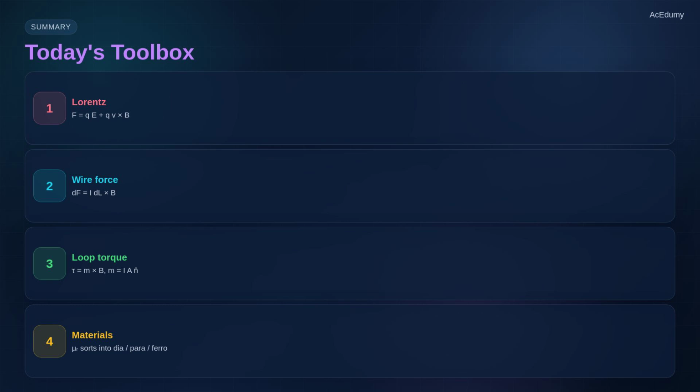Inside materials, the field couples with atomic magnetic moments through the magnetization M, and the relative permeability, mu r, classifies materials into diamagnetic, paramagnetic, or ferromagnetic. Next video closes the static block: magnetic boundary conditions between materials, inductance, and magnetic energy storage.